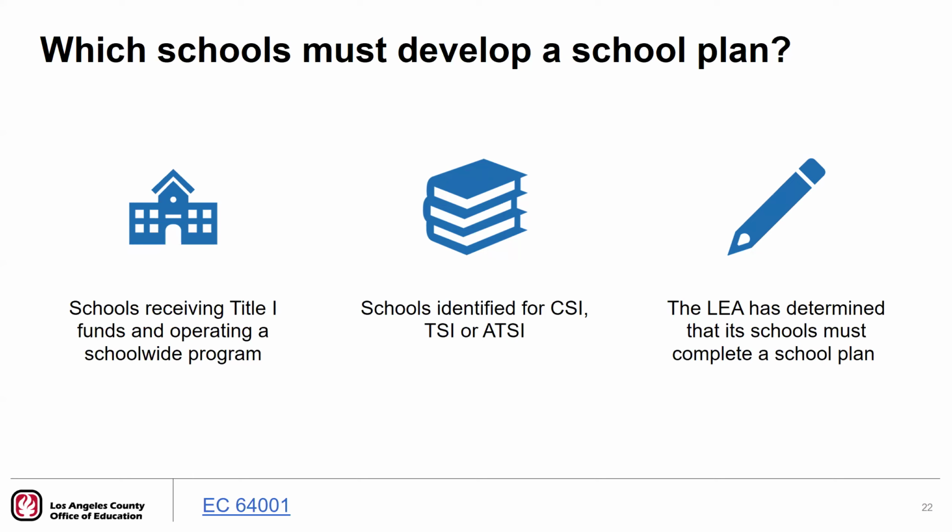However, Education Code 64001 allows the SIPSA to serve as the school improvement plan that's required under federal law for schools identified for CSI, TSI, or ATSI. Additionally, a local governing board or body of an LEA may require its schools to complete a school plan, even if one is not required.